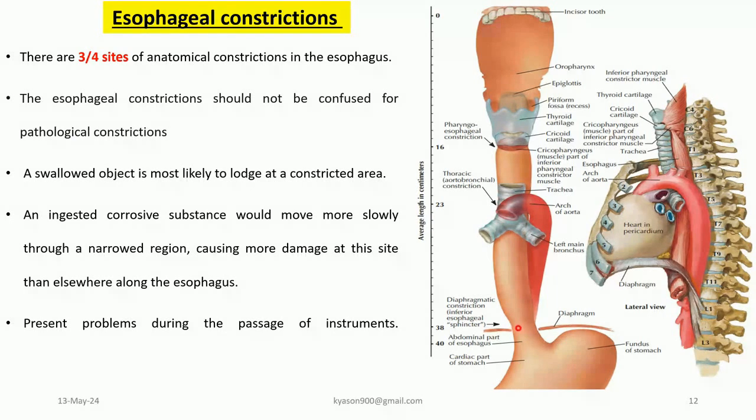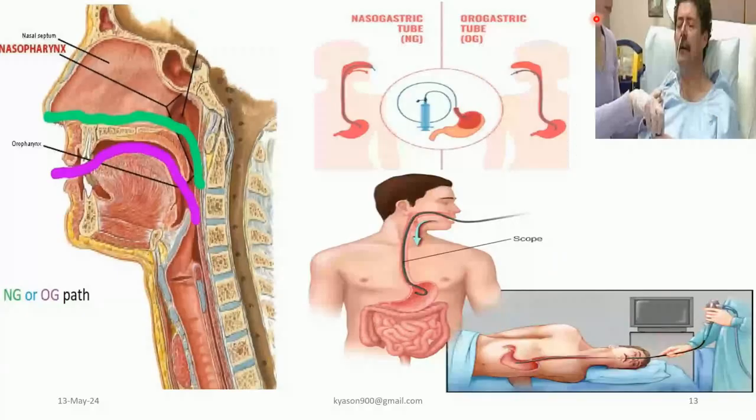Then the last constriction, where the esophagus passes through the diaphragm, is around 38 centimeters from the level of the upper incisors. So the relevance of knowing the distances from the level of the upper incisors is appreciated when there is need of inserting these instruments into the esophagus.